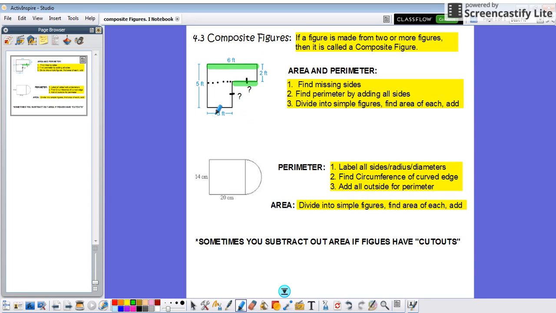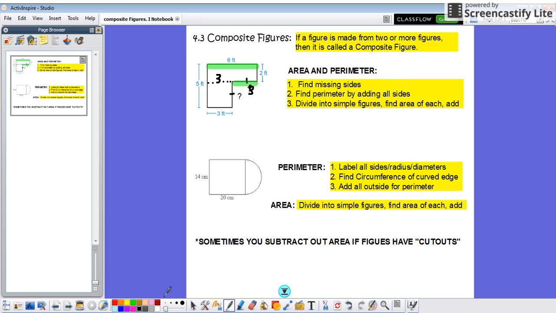I know that this is 3 feet. Following the rule of opposite sides equal, this piece here is also a 3. So this 3 plus this missing side equals 6, which tells me this missing side is also 3.